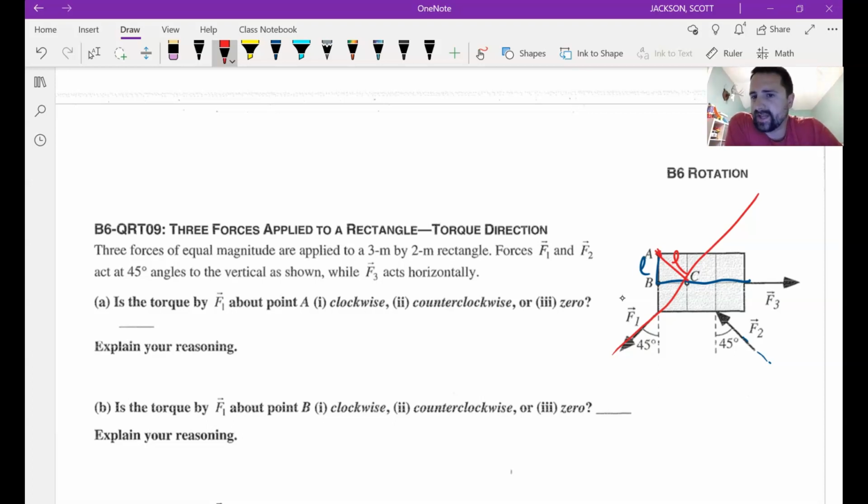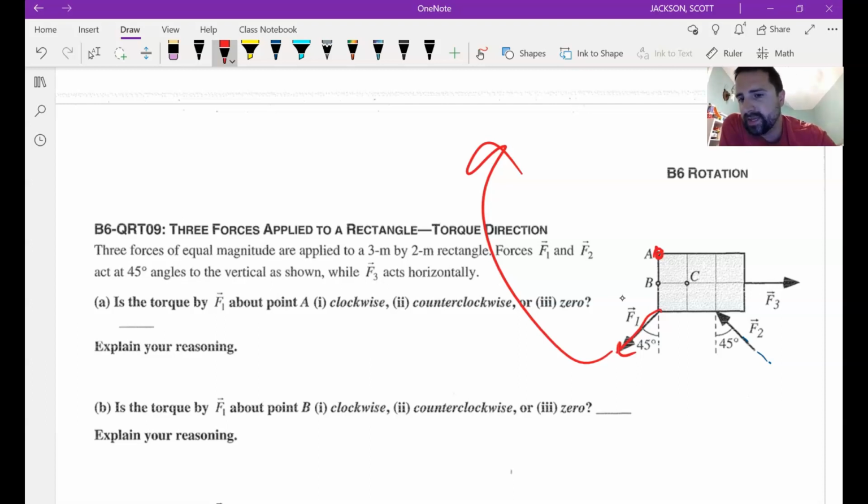What's bigger, a side of a square or through the center? And I would say through the center is more. So F3 is going to have a greater amount of torque. Or sorry, F1, it looks like, has more torque. So about this location, if I held it there and I pulled this direction, that would cause it to rotate this way. If I held at this pin and pulled this way, it would cause it to rotate the other way. But we said the one with greater torque is F1, so that is going to go clockwise.